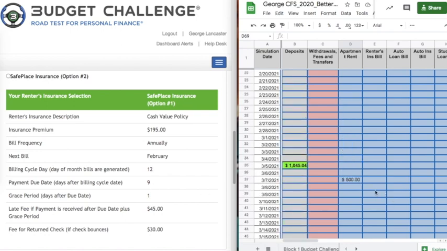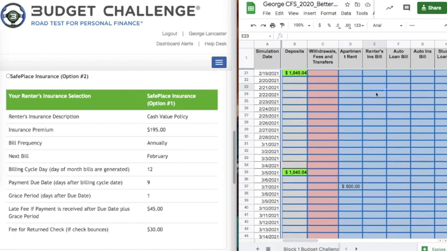So I'm going to plan to pay the renter's insurance on the 19th, the day I get my paycheck, because I have the money on that day. That way I don't have to worry about getting this $45 fee for paying it late. So $195. All right. The rest of your bills should be pretty similar to those.